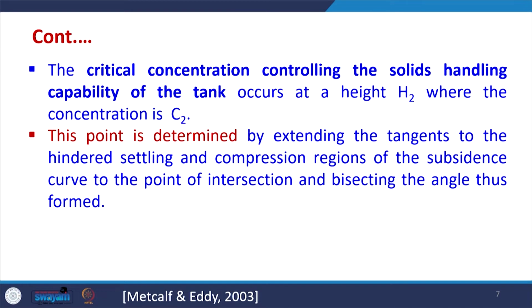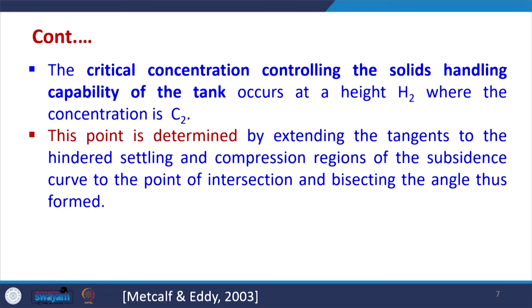Now, going further, the critical concentration controlling the solids handling in the tank will occur at a certain height H2, where the concentration is C2. So, that we have to find out, and that we will try to understand further.